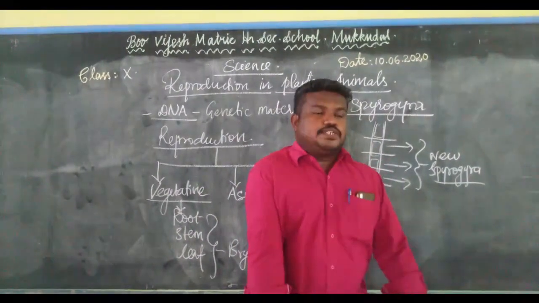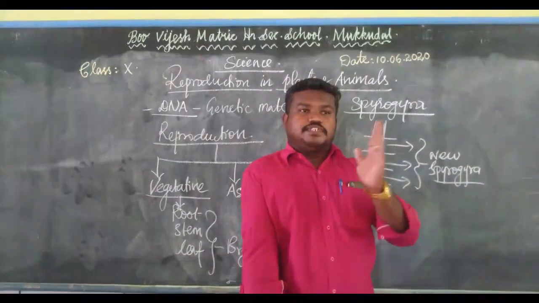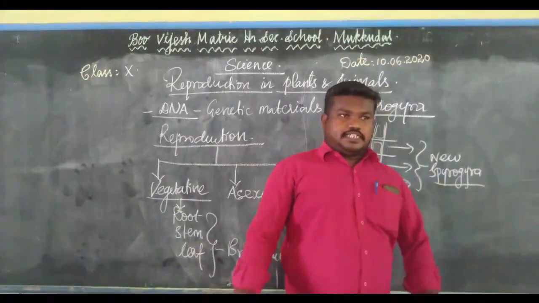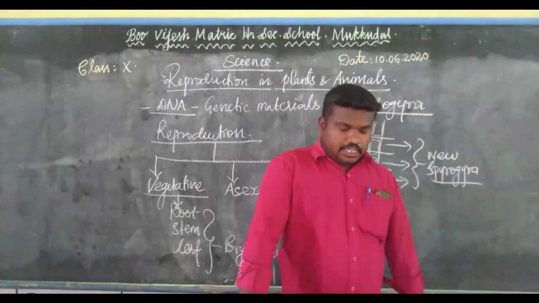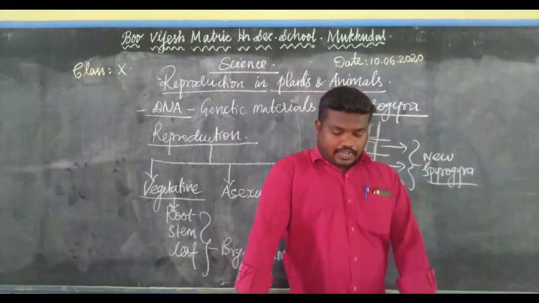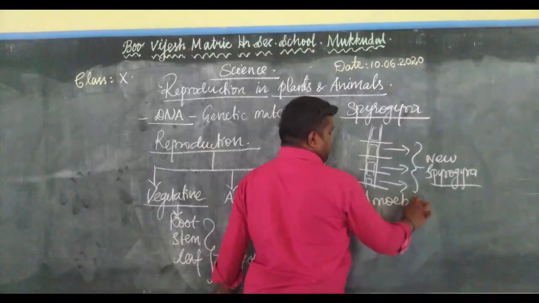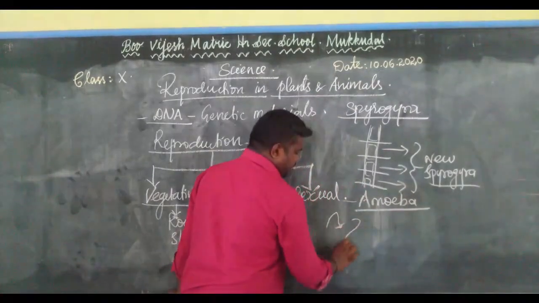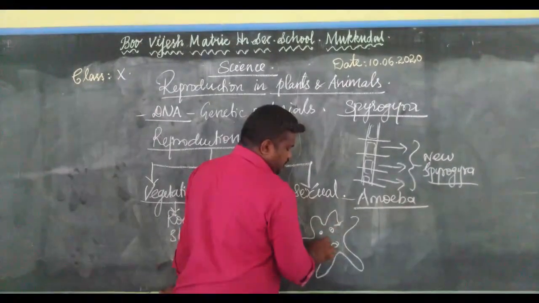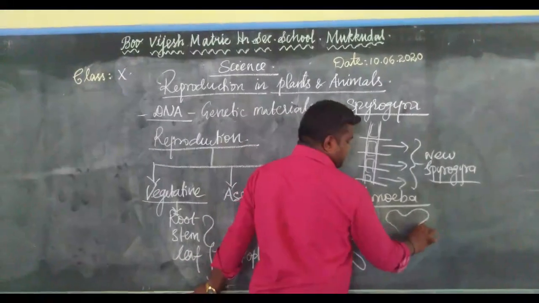Then fission. Fission means division. The body divides into two daughter cells or many daughter cells. That is known as fission. Every part or daughter cell produces their young ones, for example, in amoeba. What is the shape of amoeba? It is an irregular shape.